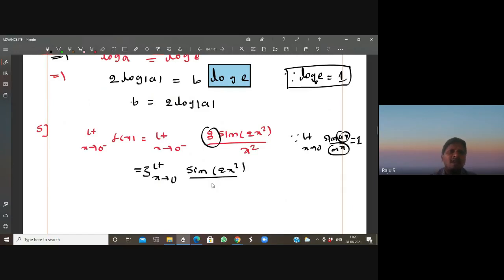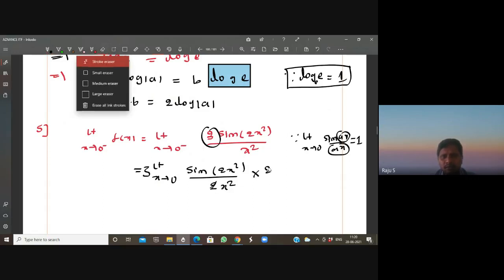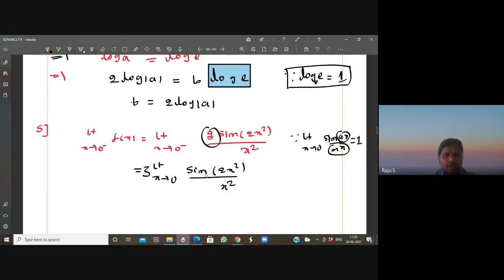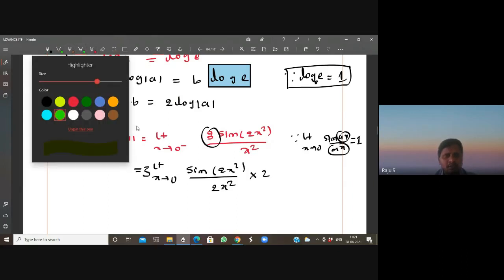They have given it indirectly in the standard form. x square is there already, so I want to multiply and divide by 2. Now what do you observe in this?